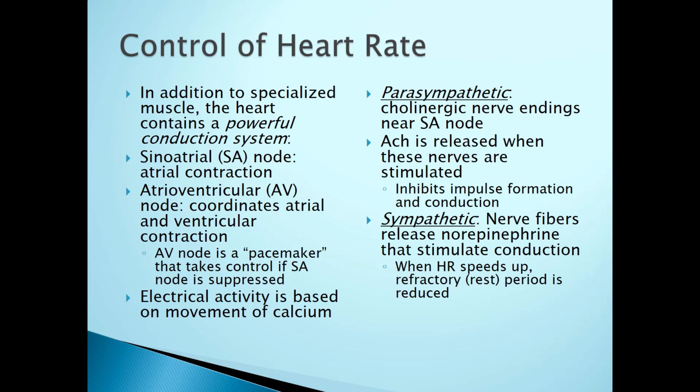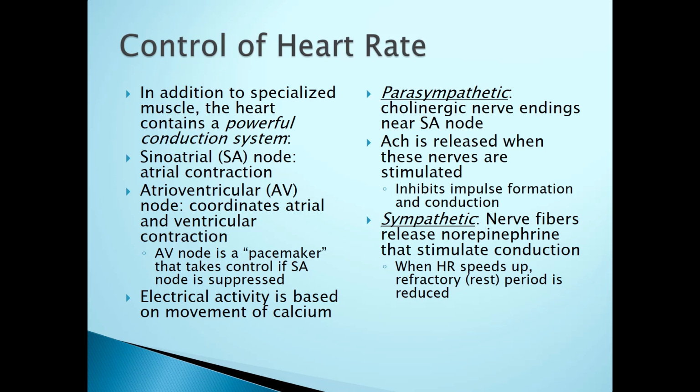Now, heart rate is controlled by a number of factors. Specialized muscle in the heart, a powerful conduction system that's influenced in part by parasympathetic and sympathetic activity. Now, there's a small amount of tissue in the heart called the sinoatrial or the SA node. As I mentioned, it's controlled in part by the autonomic nervous system.